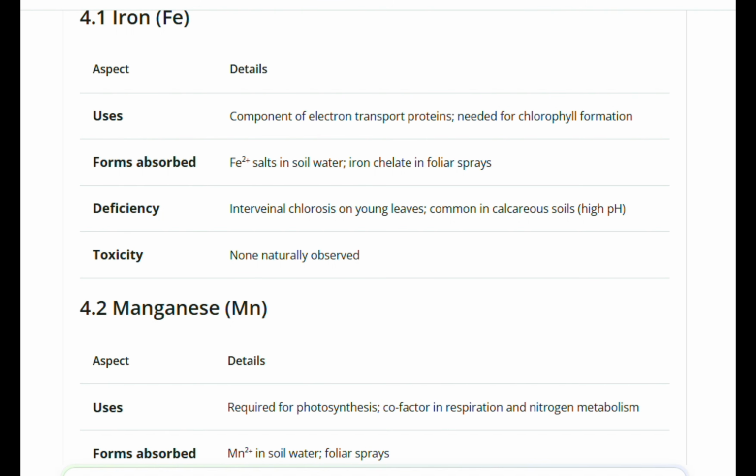Deficiency occurs on calcareous soils, where insoluble iron salts precipitate at high pH. Deficiency shows as interveinal chlorosis, starting on young leaves, and is common in calcareous soils that have high pH.